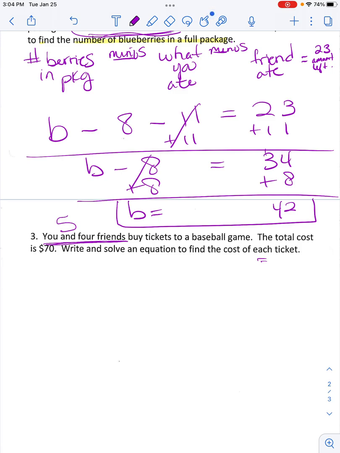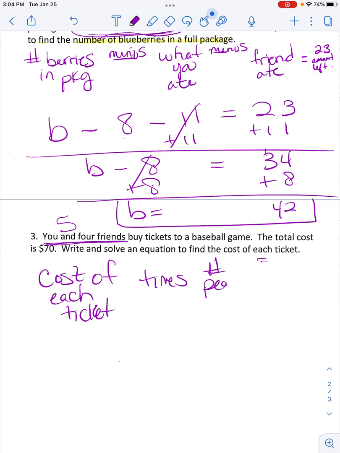Okay, we're not quite sure what the ticket cost is yet, so we can use C for cost, T for ticket, M for money, don't care, whatever letter you wish. We're going to do cost of each ticket, okay, times how many people are going, number of people, equals, it tells us $70, so the total cost.